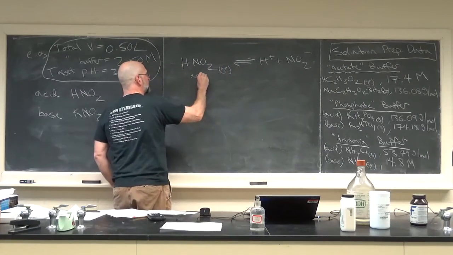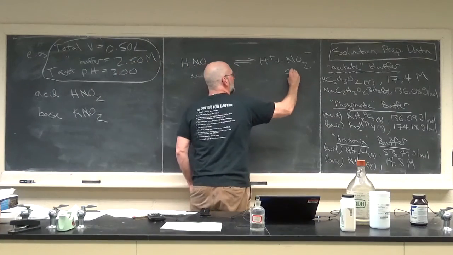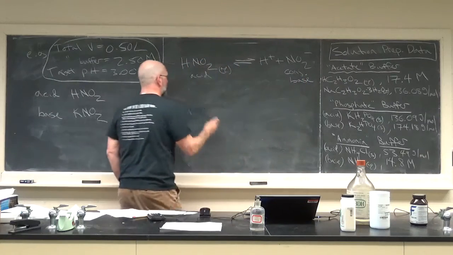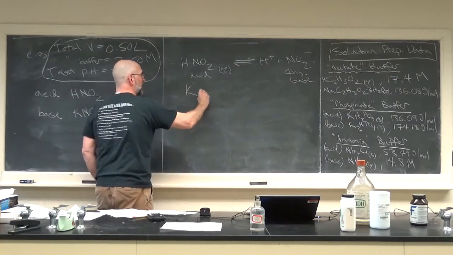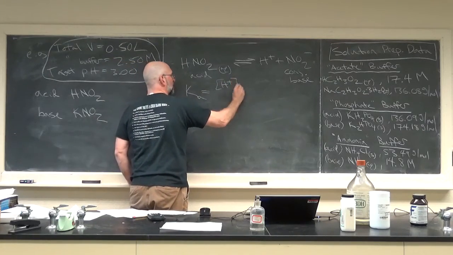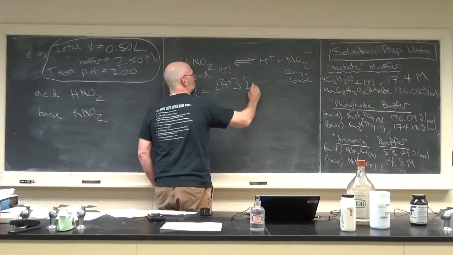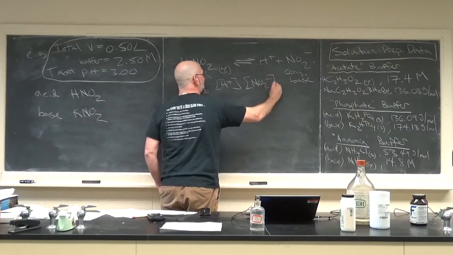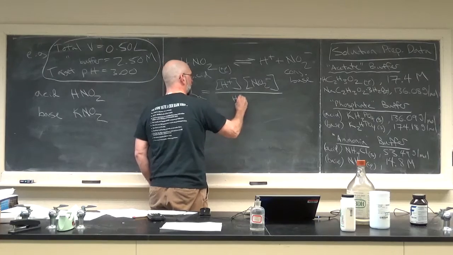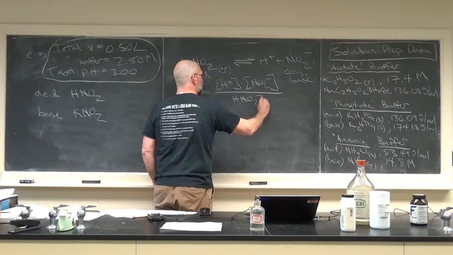This is the acid. This is the conjugate base. This should be old news. The Ka is the H plus times the NO2 minus over HNO2.